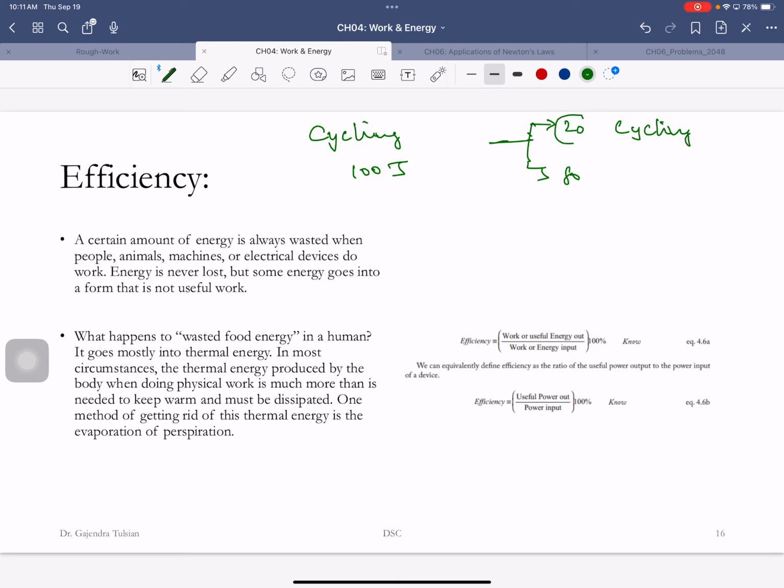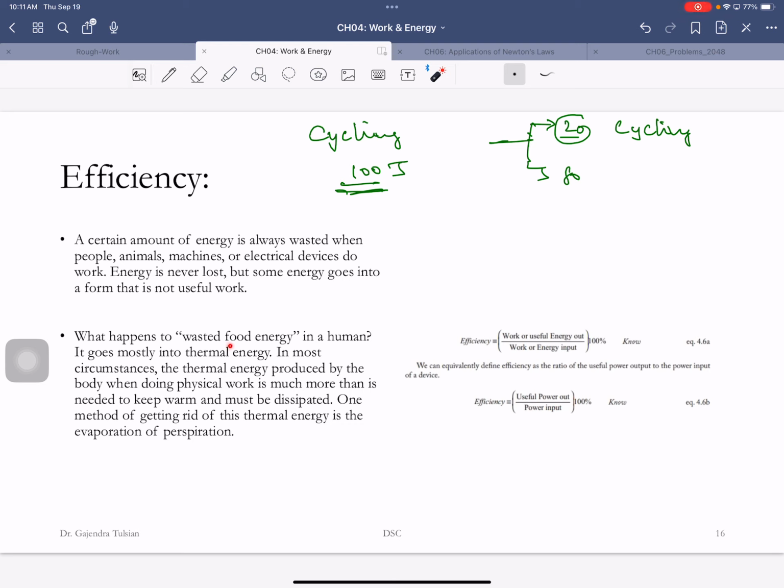So your efficiency was 20 divided by 100, what you got out of it divided by what you used. So efficiency is work or energy out, useful energy out, divided by work or energy input. In this case, it would be 20% efficiency. You can also calculate efficiency by power out divided by power in.